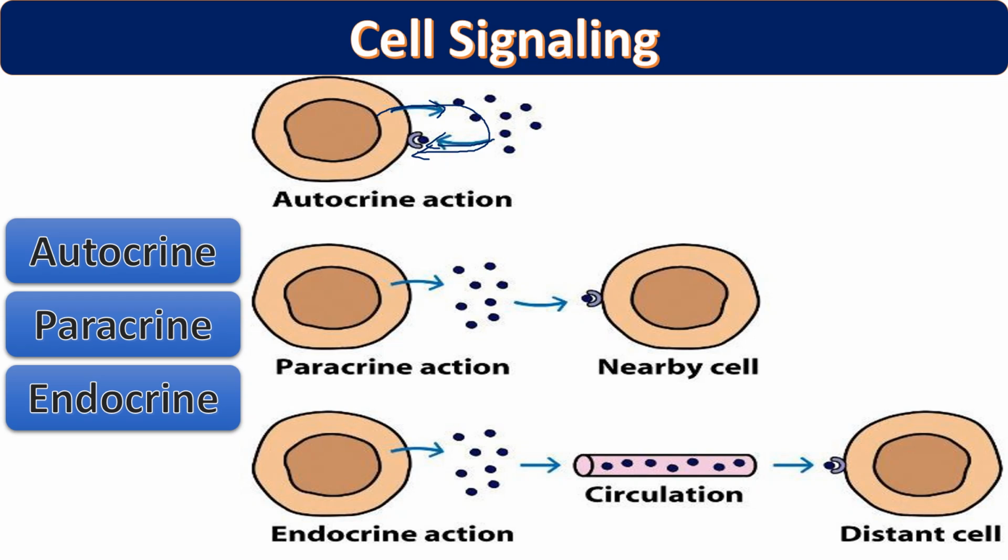In this case the secretory product need not travel far; it works at a very nearby location, on the nearest cells. The third one is endocrine, where the secretory product of a tissue or cell has to travel to distant locations through the circulatory system, through blood, and then act on a tissue or cell which is far from the producer cell. That is called the endocrine system. Most hormones behave like this: they are released by endocrine tissue or endocrine cells, travel through the blood circulation, and work at the target tissue.